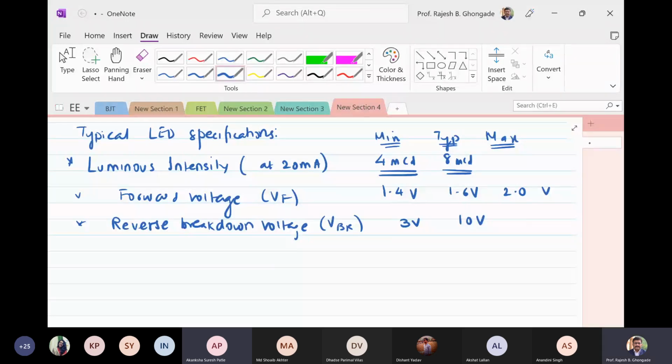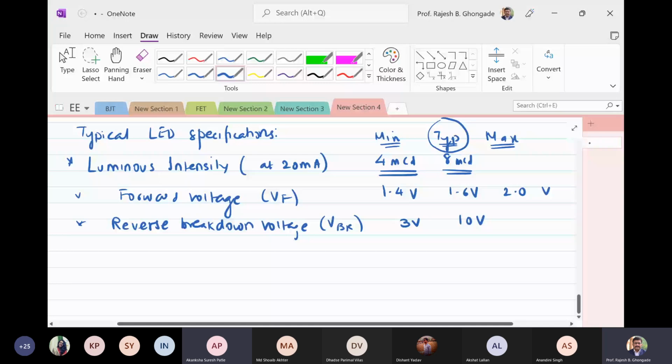That is the reason why manufacturers will always give you the range, that is minimum and maximum, and typical, that is statistically they find out that most of the times it is, let us say, 1.6 volts. So we call it typical.